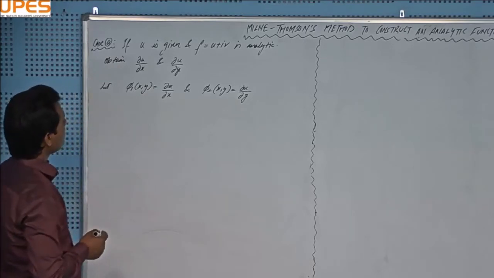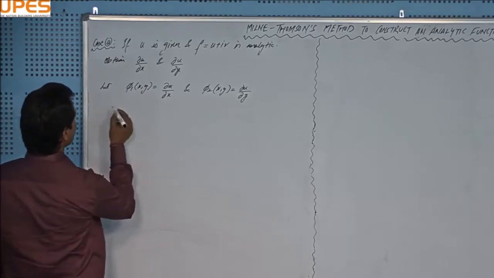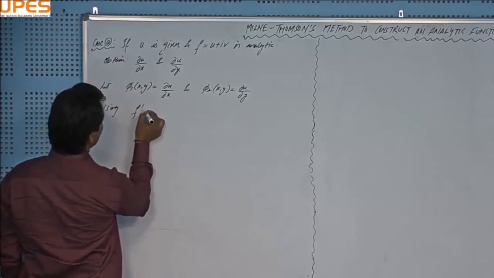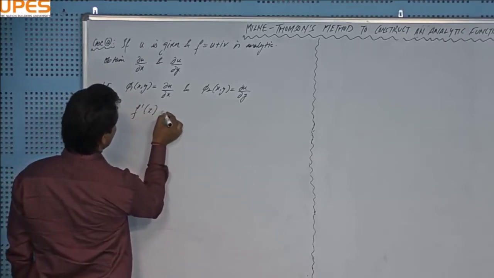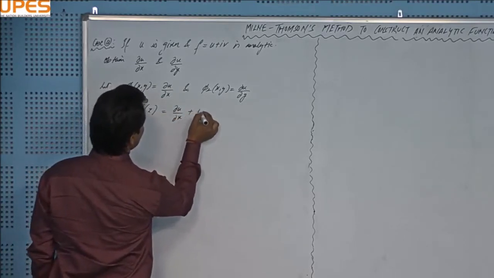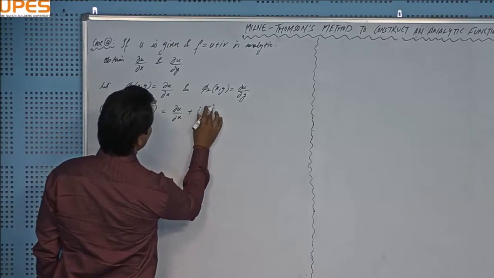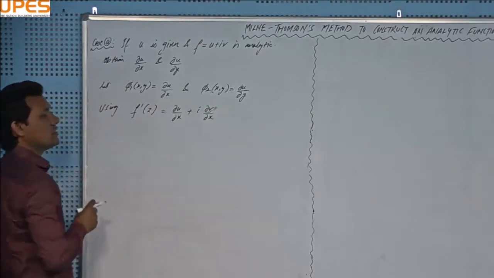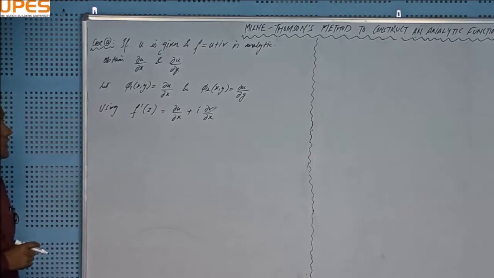Now, using the formula for f dash z, that is del u over del x plus i del v over del x. This is the formula you use to find the derivative of an analytic function.